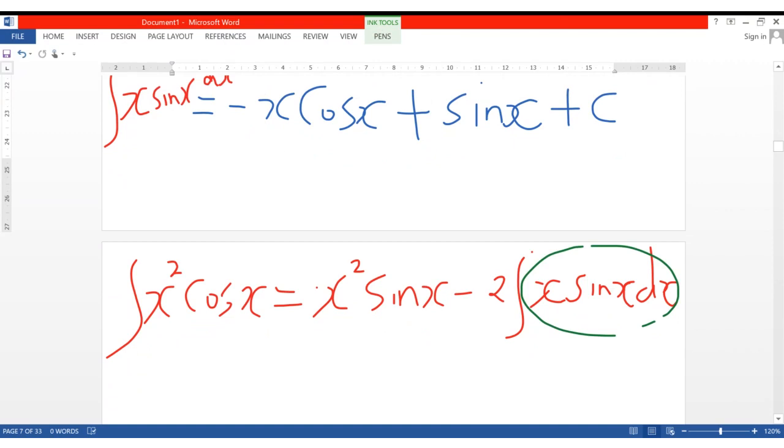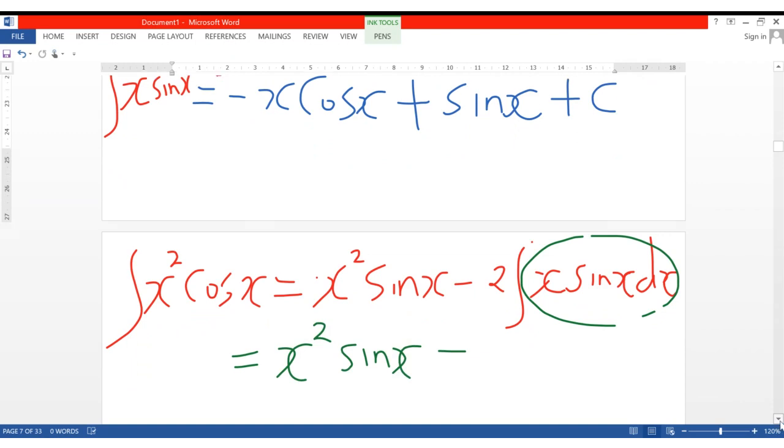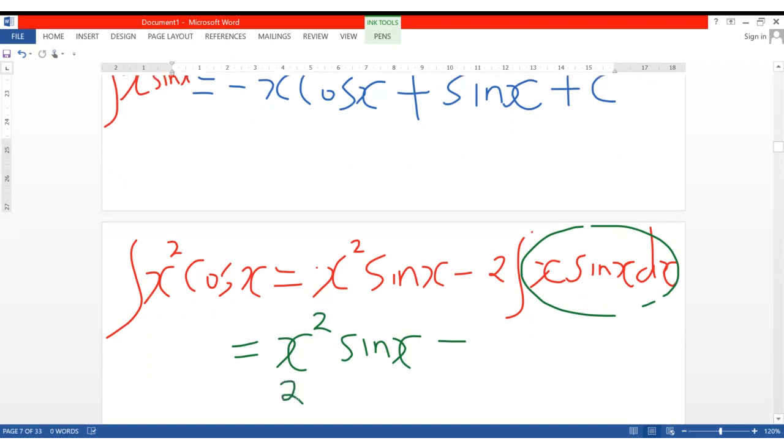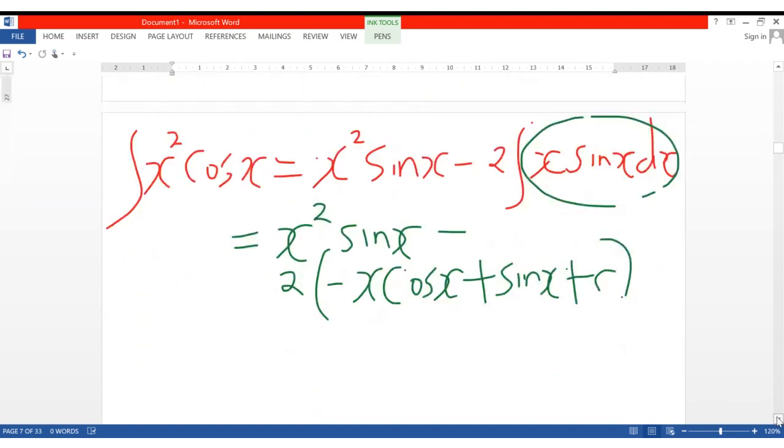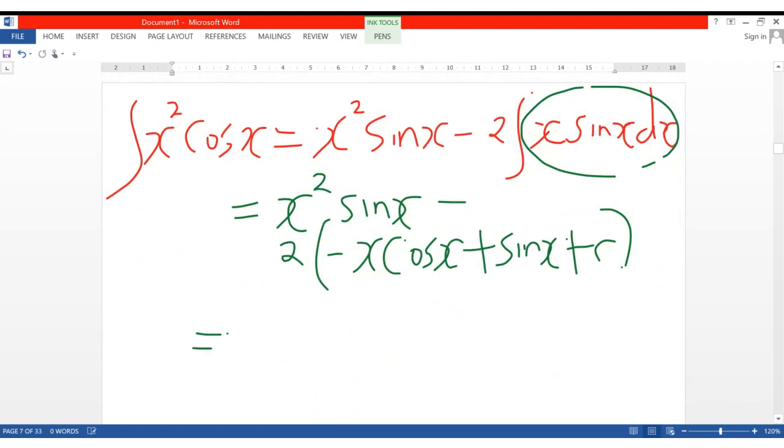So I'll get x squared sin x minus, instead of having x sin x, because I've integrated by parts, I'll have minus 2 times the function that is up there, negative x cos x plus sin x, and then plus c. When I open up the bracket, I get x squared sin x.